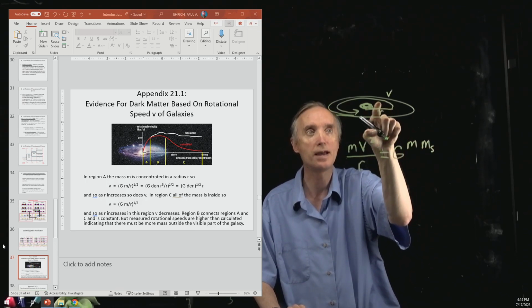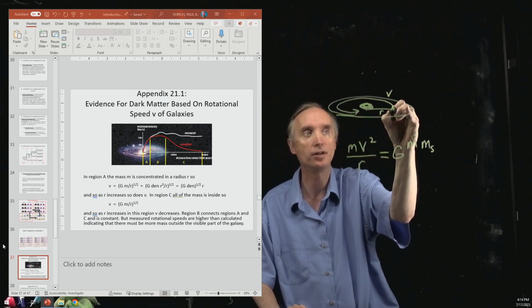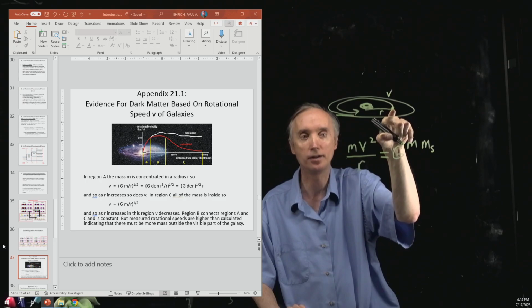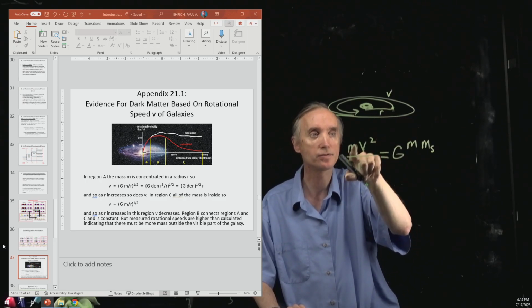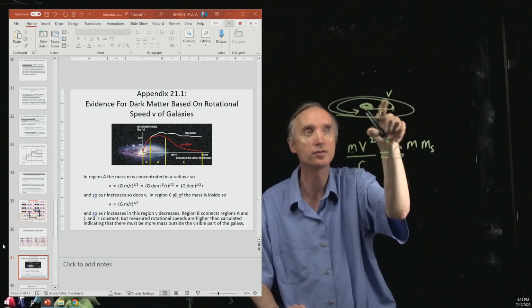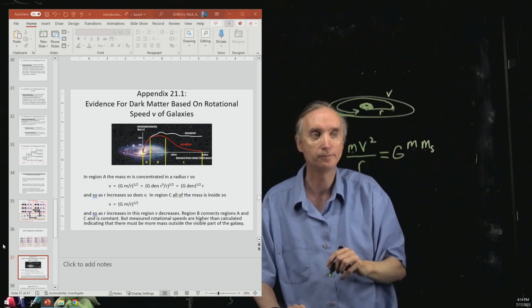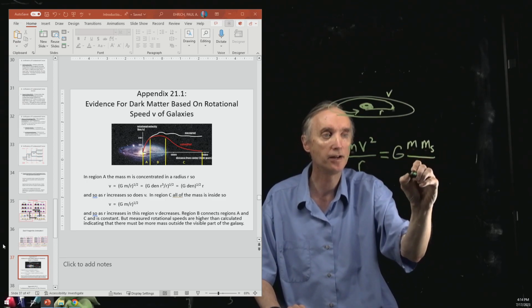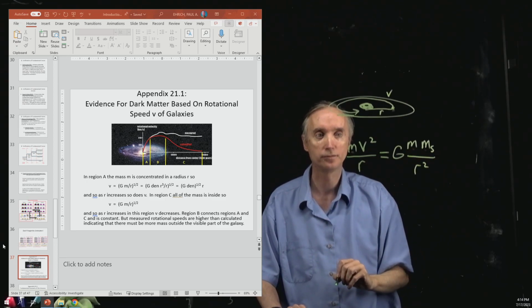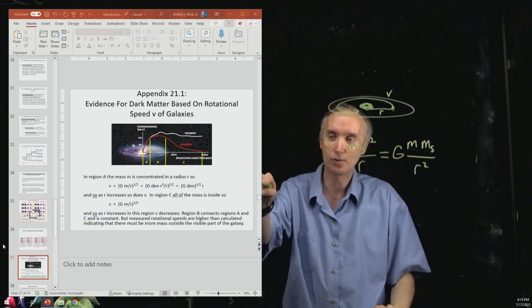This is the mass of all of this material that is inside the orbit of that object, and then divided by r squared. So if you simplify that, you get the first equation.